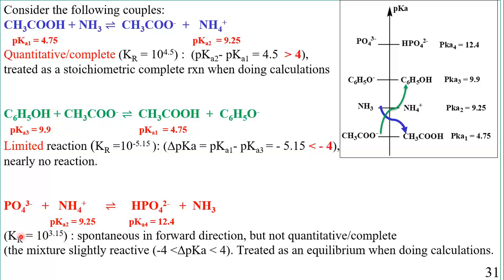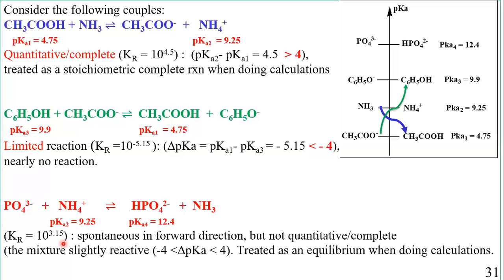Of course, let's get a Kr for this reaction. It's 10 to the change in pKa, which is 12.4 minus 9.25, which happens to be 3.15. So my K reaction is 10 to the 3.15. Of course, this is spontaneous in the forward direction, but it is not quantitative, nor complete.